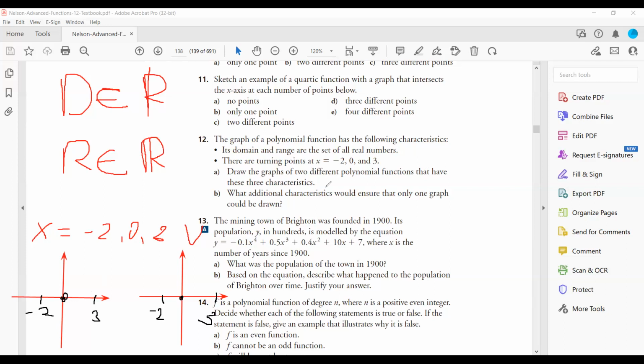Okay, and we have 3 turning points. So it means that the degree of this function is at least 5, because the maximum number of turning points is 1 less than the degree of the function.